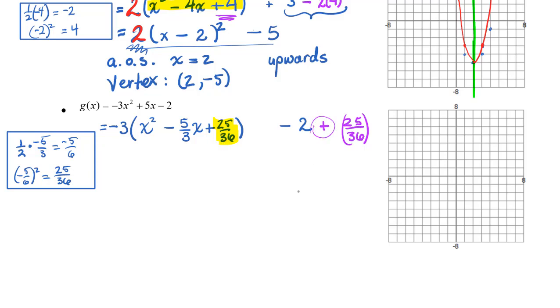So we have to add it on the outside, and we can't forget to multiply it by 3. So trace through the signs. If we multiply a negative 3 into a positive 25/36, we will get a negative value out. That means that we have to add it to the outside.